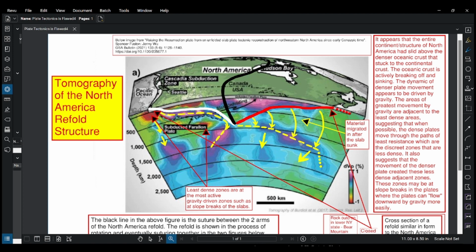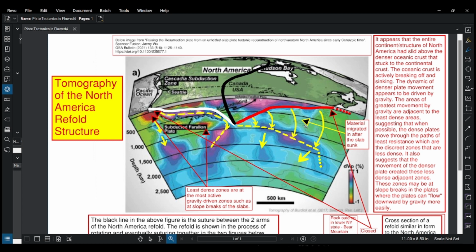Look at how similar the structure of the ocean plate is, which is this here where I'm highlighting, where the cursor is, I should say, and where the red line is. It's the same exact shape. So it's peeling off, and it means that the North America refold structure likely skated on top of something denser, which is the oceanic plate or whatever.